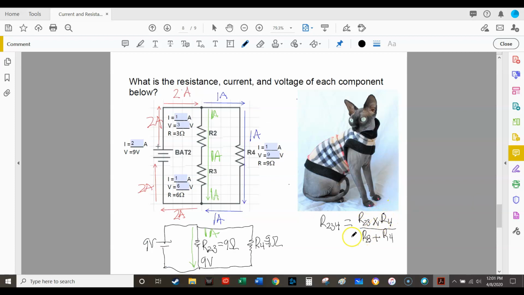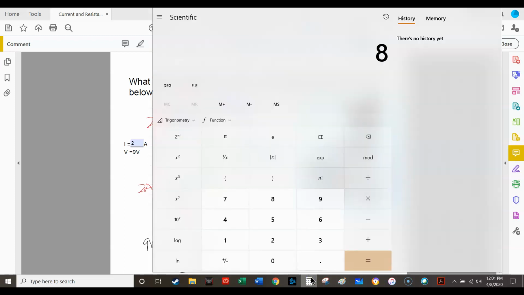R23 times R4. So R234 is going to be equal to 9 times 9, which is 81 ohms squared, over 9 plus 9, which is 18 ohms. Well, 81 divided by 18 is going to be equal to 4.5.